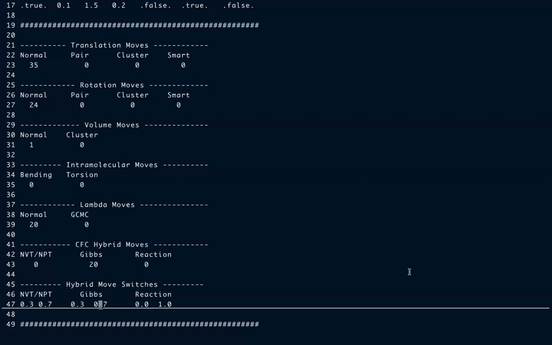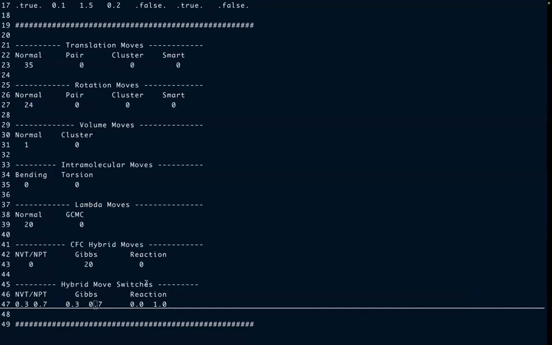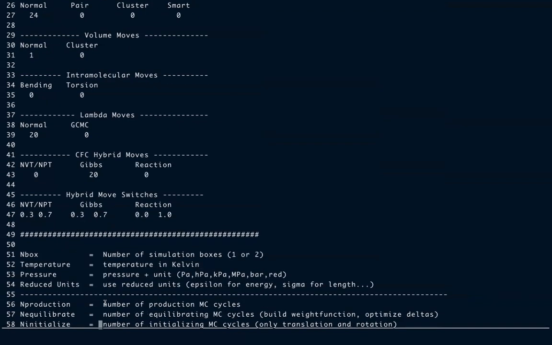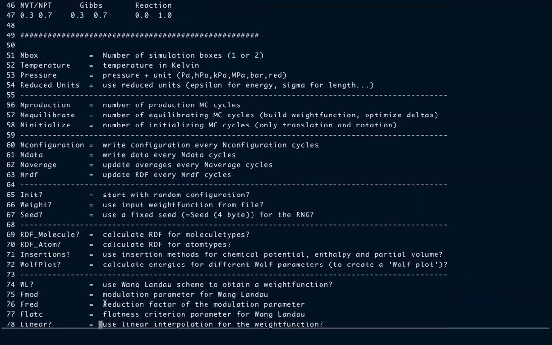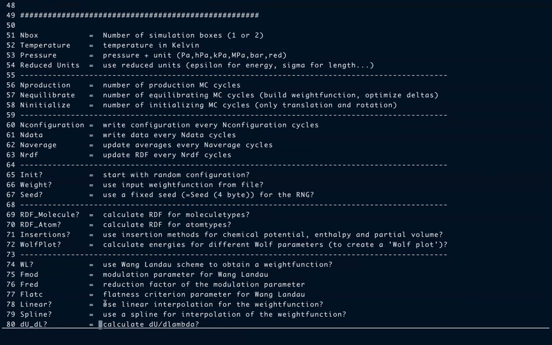So these moves are only executed for lambda less than 0.3, and then the identity of the fractional group is changed only if the lambda is greater than 0.7. So these are basically the switches. And all of the descriptions are also provided here if you wish to have a look.